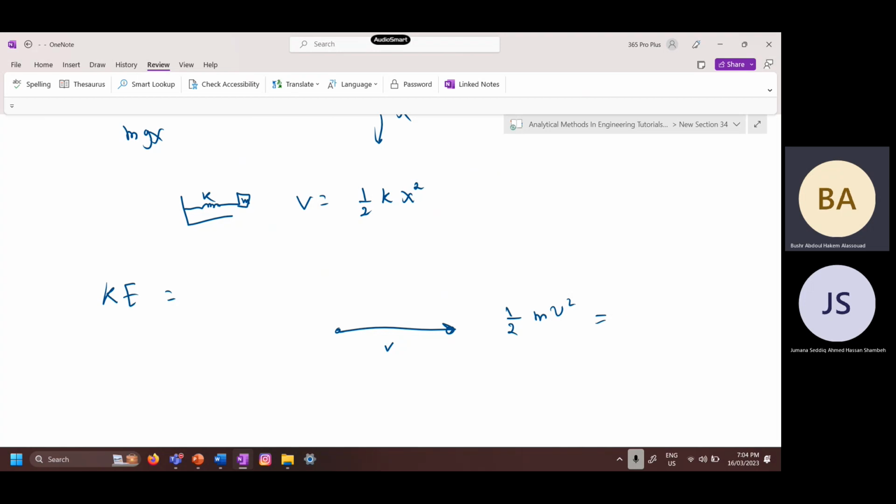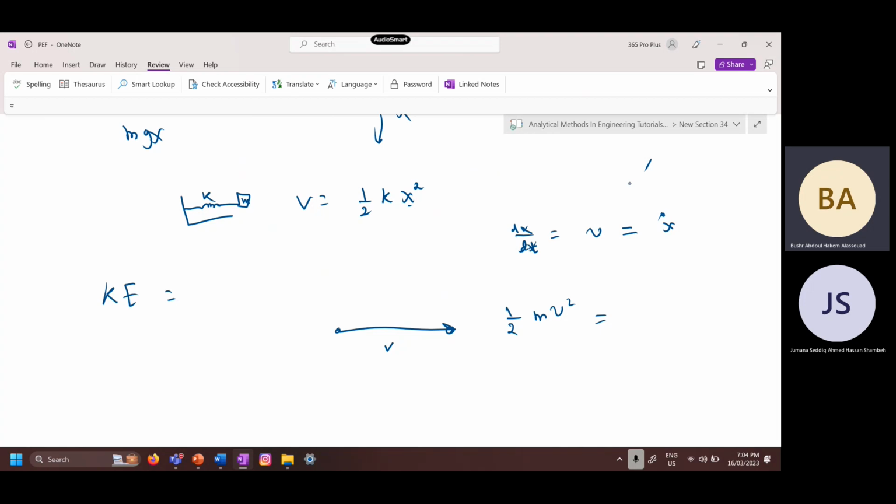In our case, since we're only using the variable x, v is basically the differentiation with respect to time of displacement, dx over dt is equal to v. In our notation, it's x dot. Dot means the derivative with respect to time. It's not a dash.